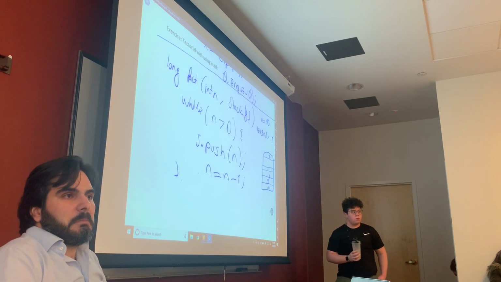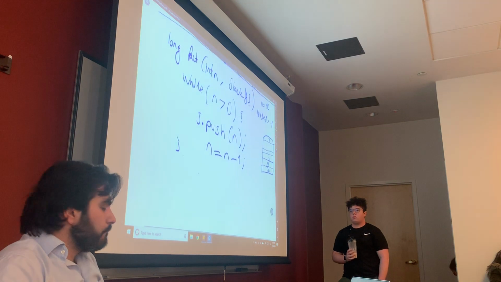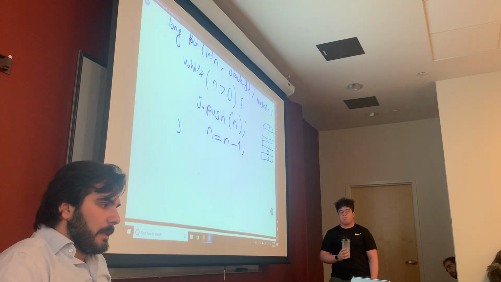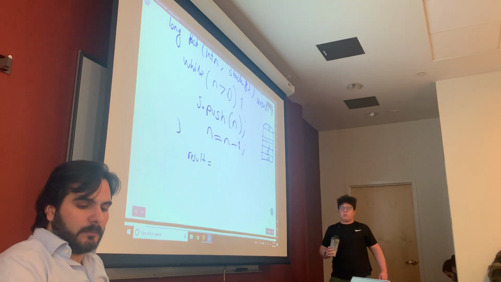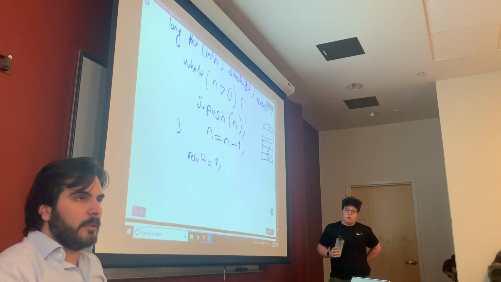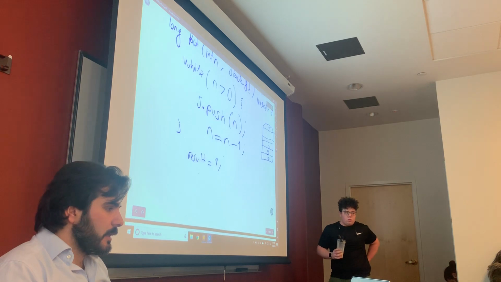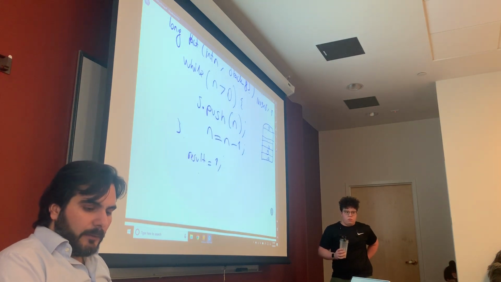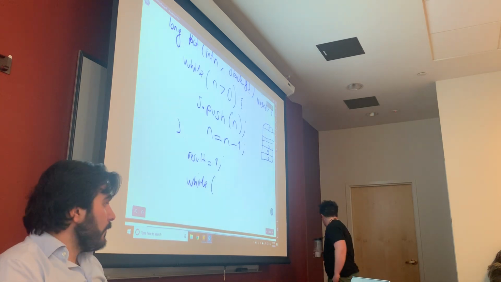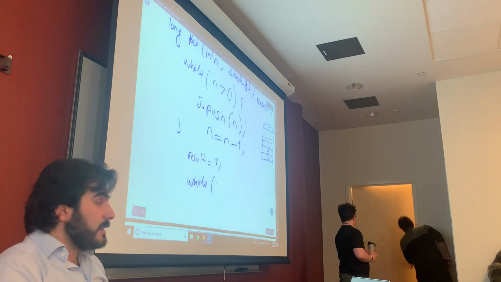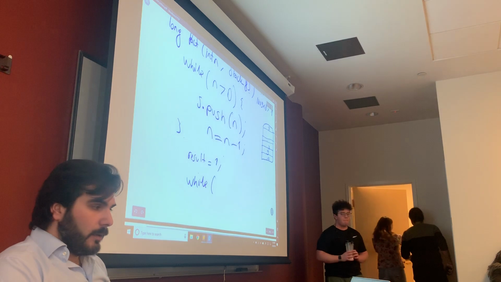All I need to do is just multiply them, right? So let me assign some variable result. Initialize it to 1, because I'm going to multiply them, and the 1 is not effective. While now I'm going to take the elements in the stack.